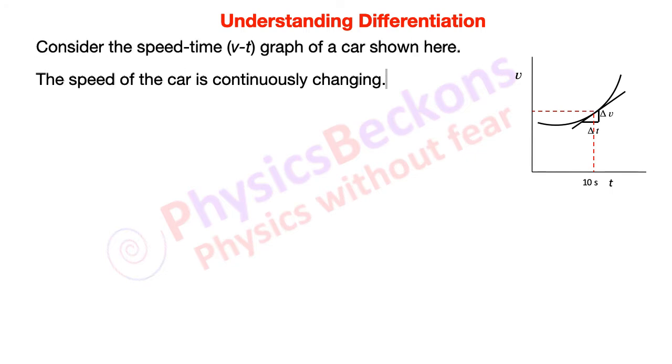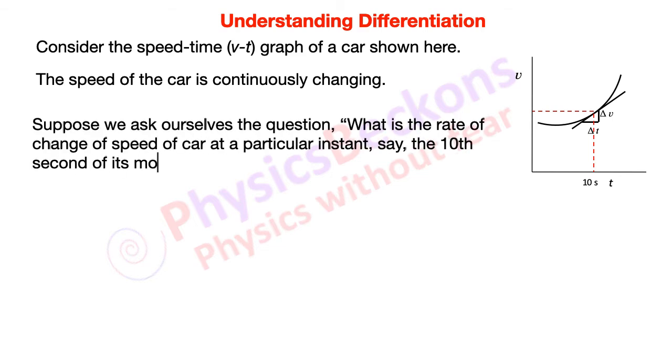Now let's consider the speed time graph as shown. The speed of the car is continuously changing. It is a non-linear graph. Supposing we ask ourselves a question: what is the rate of change of speed of the car at a particular instant, say 10th second of the motion? The point is marked on the graph.